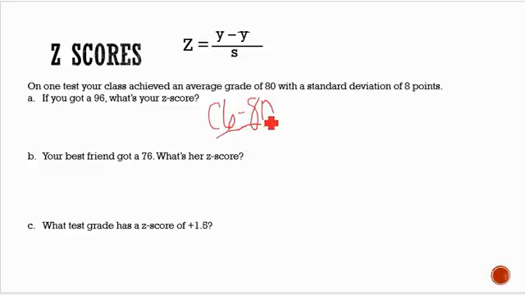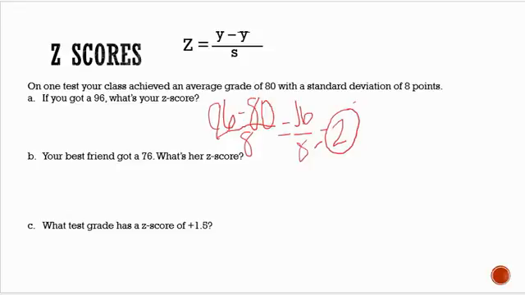So here's your score, here's the average, or your mean, and here's your standard deviation. 96 minus 80 is 16, divided by 8 gives you 2. So your z-score is 2.